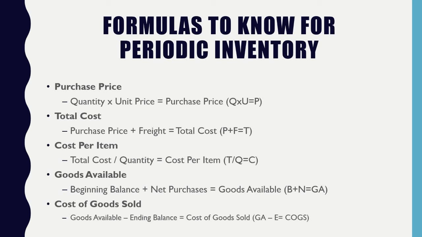Lastly, cost of goods sold is going to be your goods available minus your ending balance. So we'll talk about that when we move into the example.